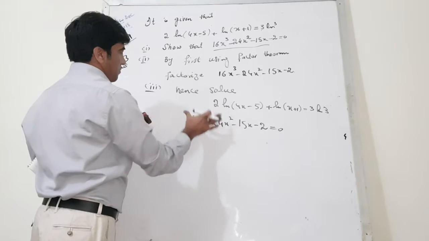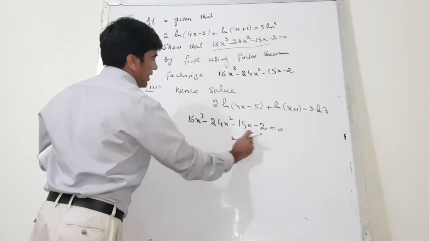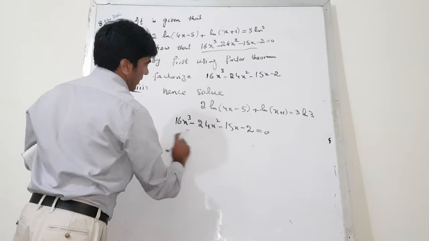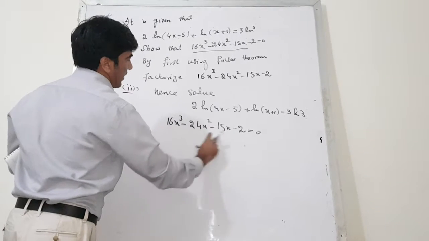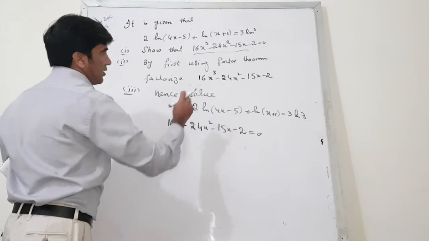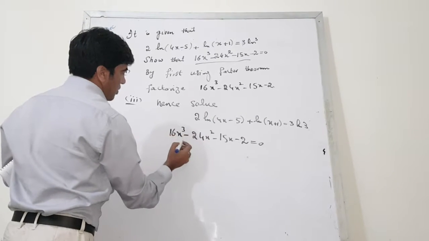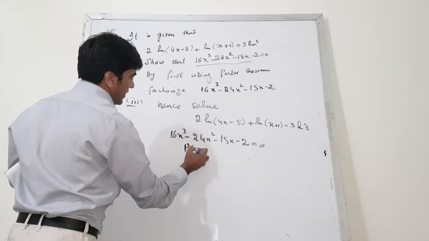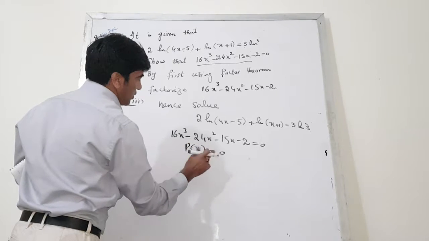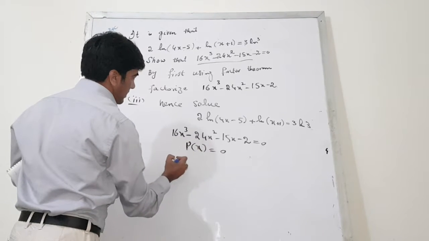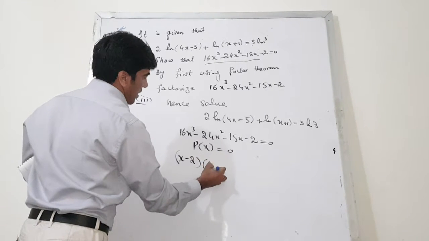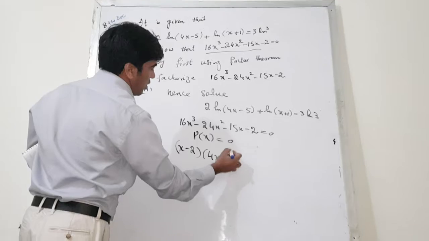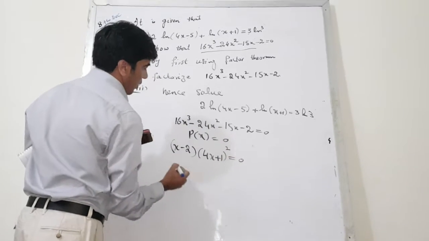And in the next part, if you look again carefully, this is a polynomial, and you have already expressed this polynomial into linear factors. So this is basically p(x) = 0, and p(x) is, as we have done in the previous part, (x − 2)(4x + 1)² = 0.